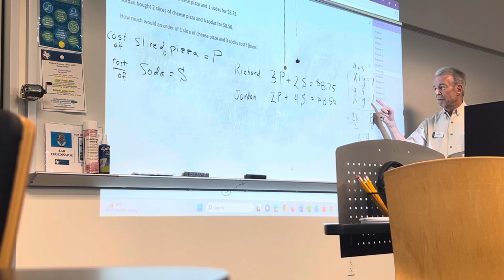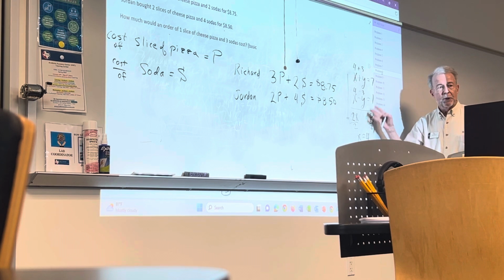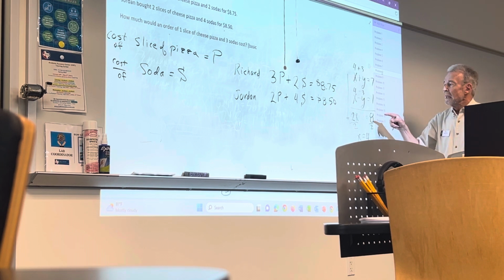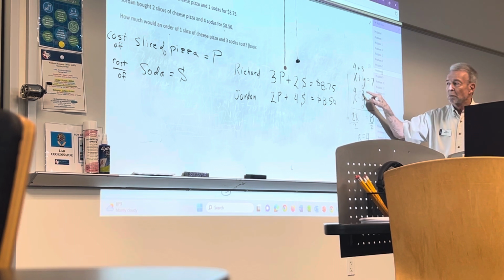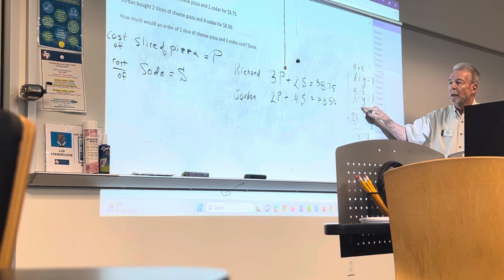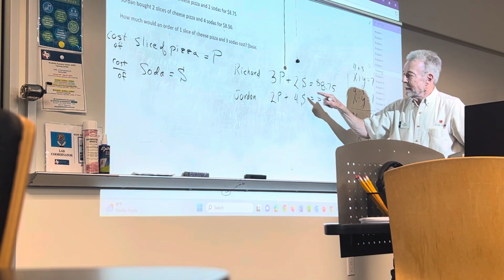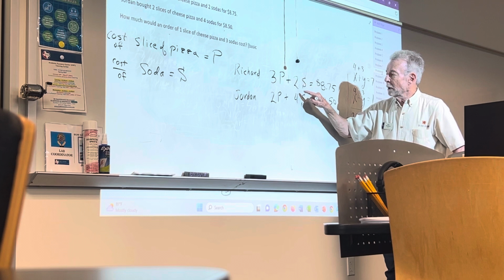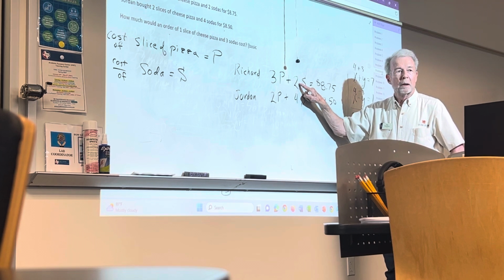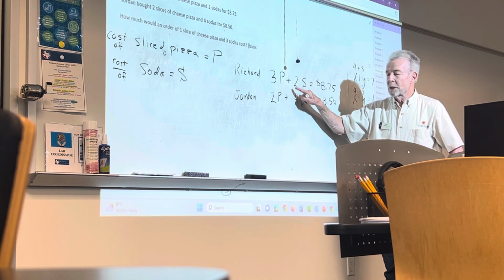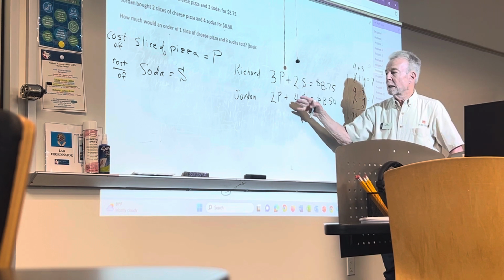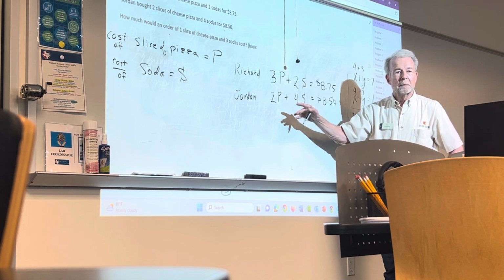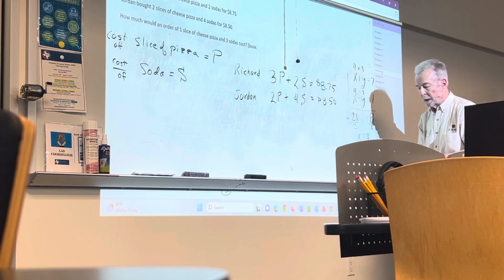Okay, so what I have to do then to make this process work with that is I've got to get one of the variables to have the opposite sign. Same coefficient, 1 and 1, opposite sign. So if I can get these 2 to have the same coefficient, 4 and 4, but opposite sign, plus and minus, then when I add them, this will go to 0 and I can solve for the variable P. All right, so how do I do that?